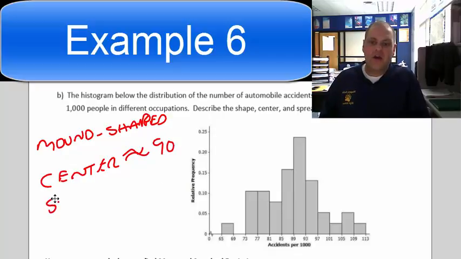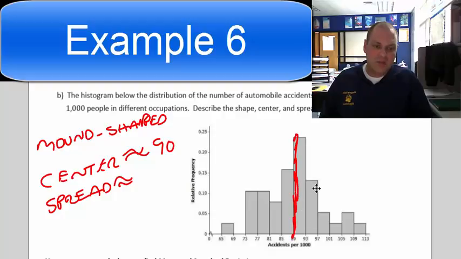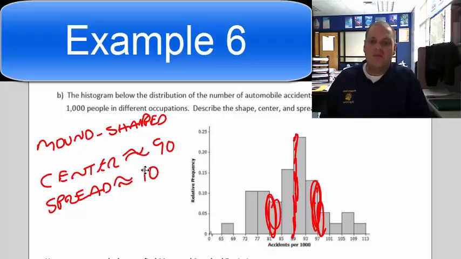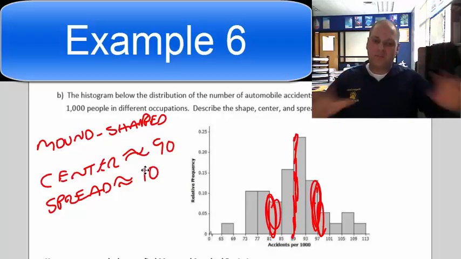And how about a spread? If 90-ish is the middle right here, I'll say a majority of values are about here to here. This is a typical distance away from the mean. So 10 each way-ish, probably 10 or so, again just estimating the spread.